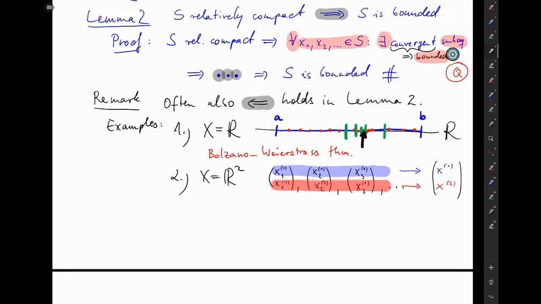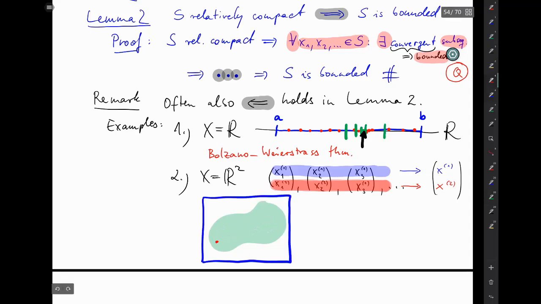Another way to see it is like this. You argue that any bounded set in the plane can be squeezed inside a square. Then take an arbitrary infinitely long sequence of points from your set and start dividing your square.